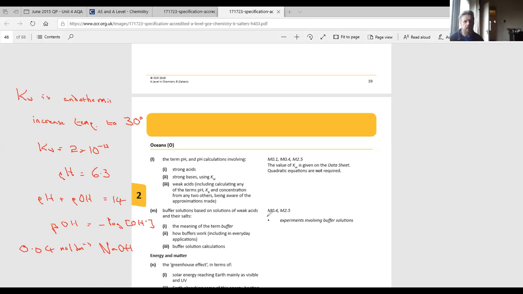How would temperature come into that one? What happens when you increase the temperature? The OH minus and the H plus increase. So obviously Kw increases.